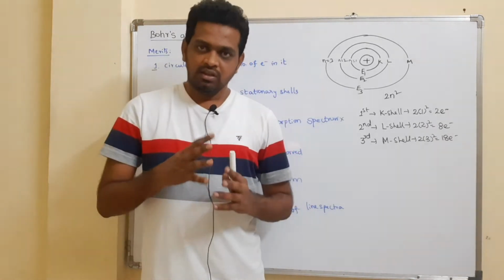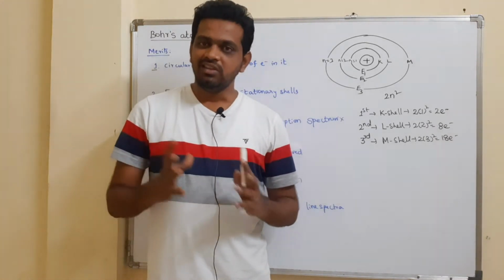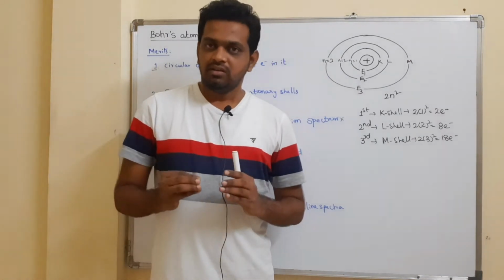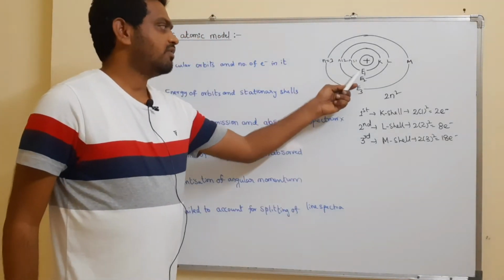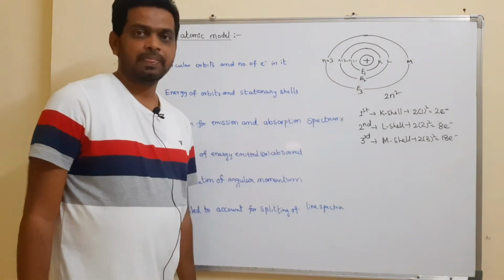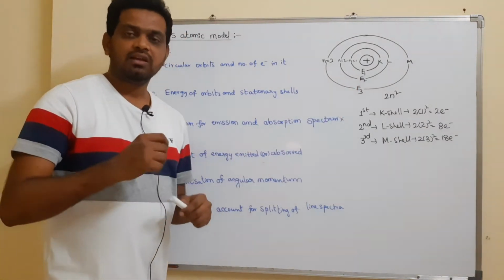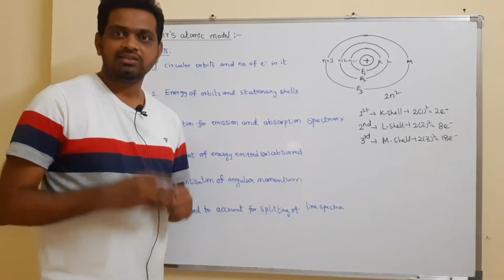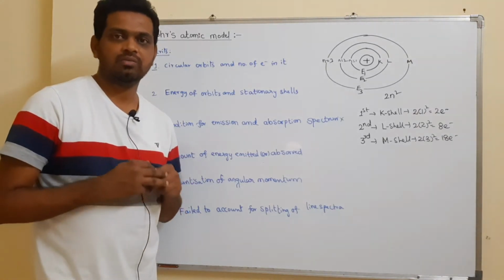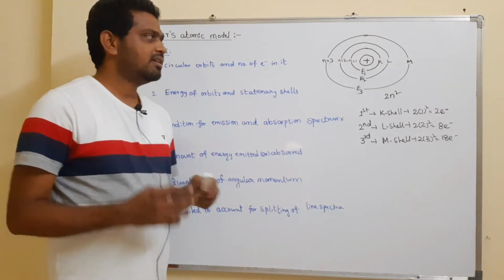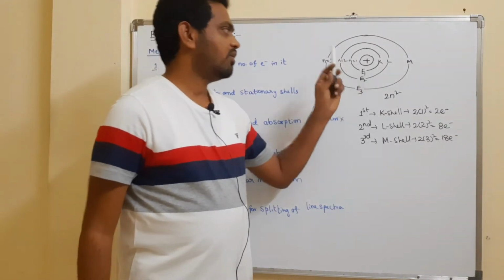So in order to overcome this problem, Bohr explained that each shell has a fixed amount of energy. As a result, whenever the electrons are revolving around the nucleus, they do not radiate energy in the form of electromagnetic waves. So the revolving electron will not fall into the nucleus.